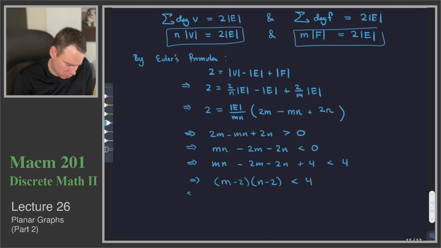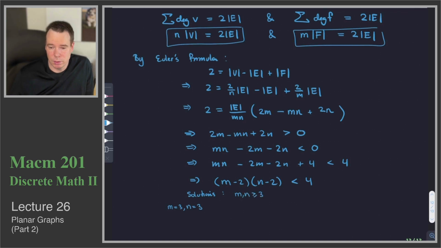And this is what tells me what m and n have to be in order to solve this. So what are our solutions? Well, our solutions could be m is 3 and n is 3. Remember, both m and n have to be at least 3. So they could both be equal to 3 and satisfy that. So n is the degree of a vertex.